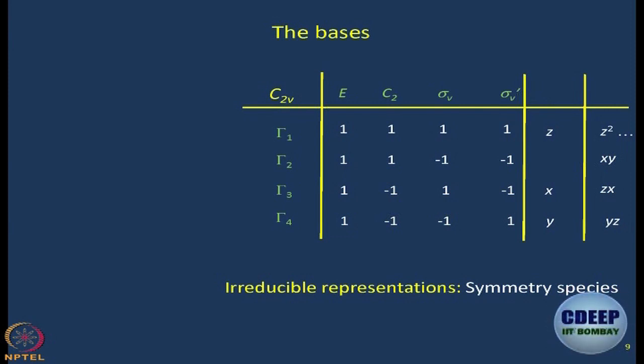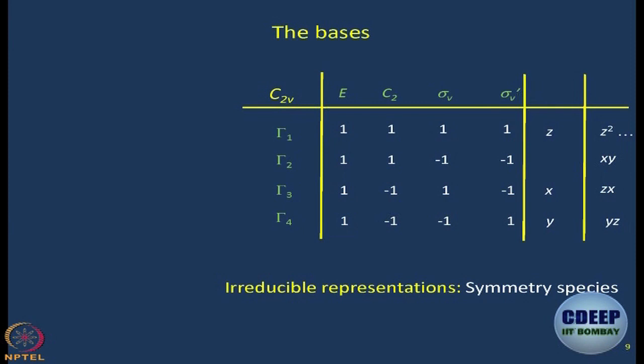Then we said that these irreducible representations essentially tell you how these functions behave as a consequence of each of the symmetry operations. If you take Z, it is totally symmetric in C2V. No matter which symmetry operation you use, Z remains Z, it does not change.